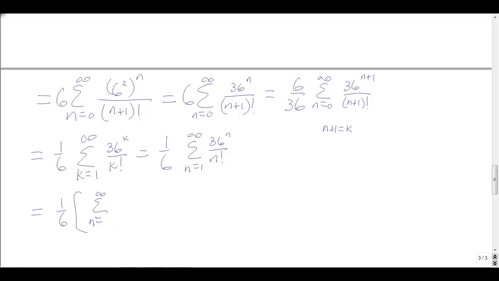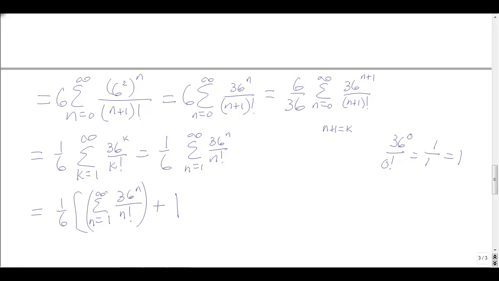Let's do n equals 1 to infinity, 36 to the n over n factorial. What I want, really, is the n equals 0 term here. So let's go off to the side here: 36 to the 0 over 0 factorial. 36 to the 0 is 1. 0 factorial is also 1, so the term I'm missing is a 1. So I want to add a 1.